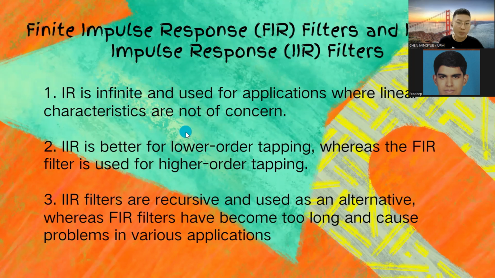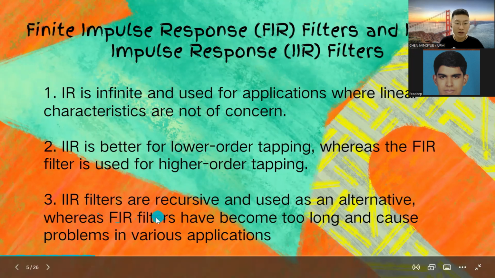Number two, IIR is better for low order tasks, whereas the FIR filter is used for higher order tasks. Number three, IIR filters are recursive and used as an alternative, whereas FIR filters can become too long and cause problems in various applications.